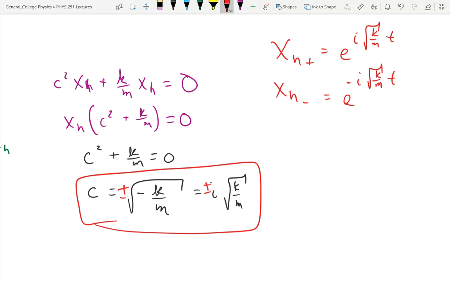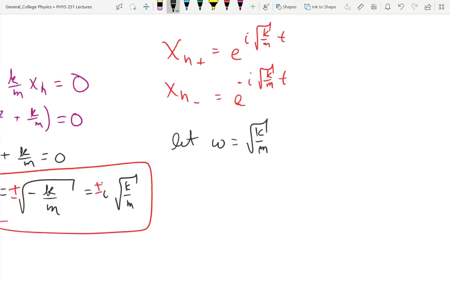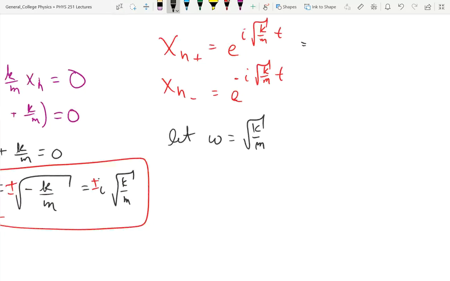We abbreviate things. We introduce a constant. Let omega equal square root k over m. So this is e to the i omega t, and this is e to the minus i omega t. Well, that's easier, right? Definitely.